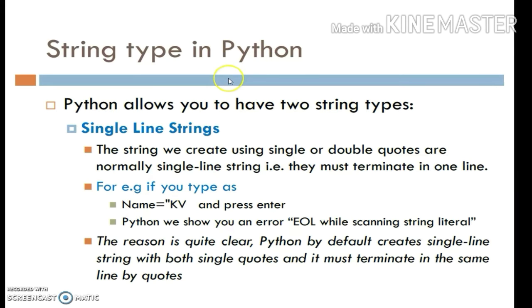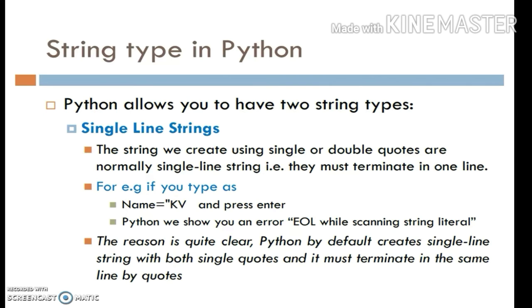Next one, string types in Python. Mainly two types of string: single line string and multi-line string. First one, single line strings. A string we create using single or double quotes is normally a single line string.